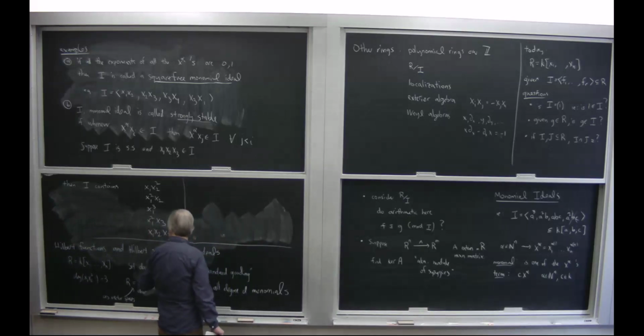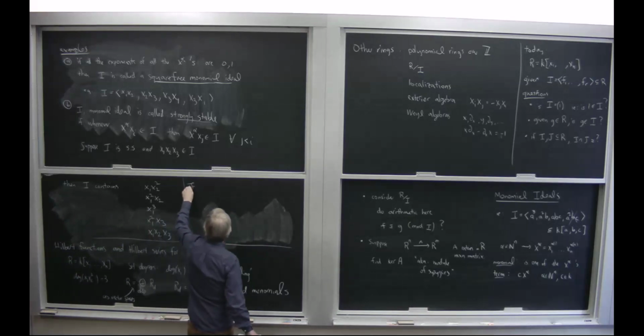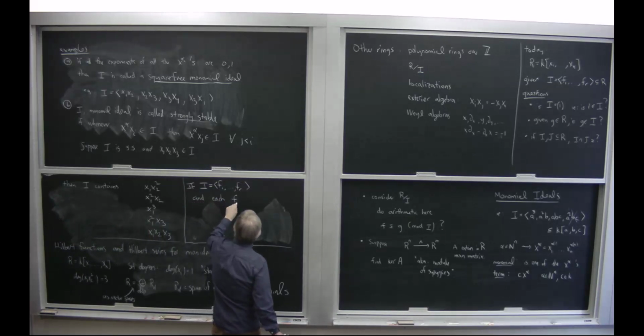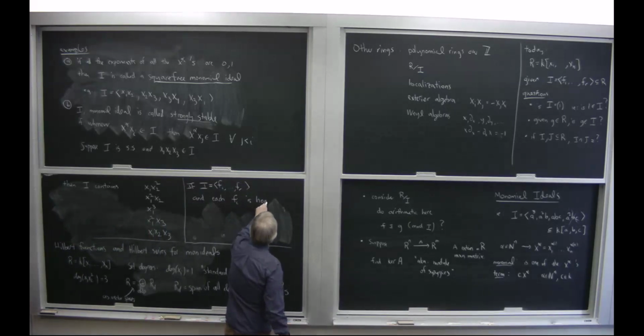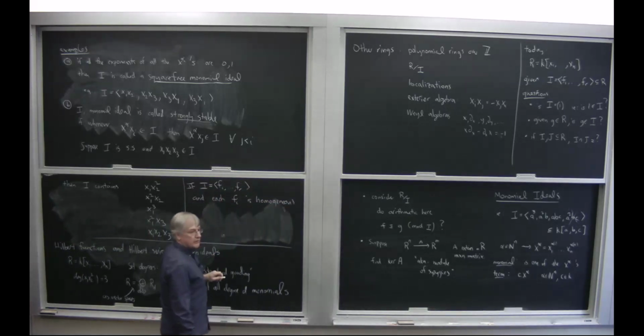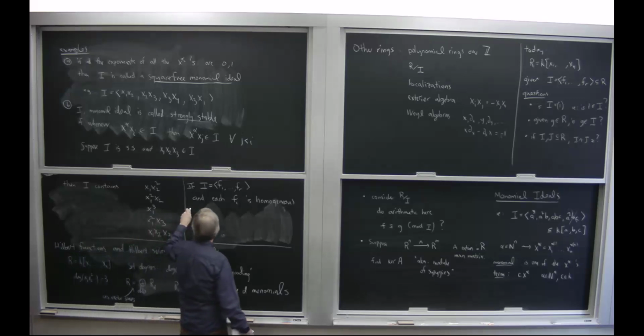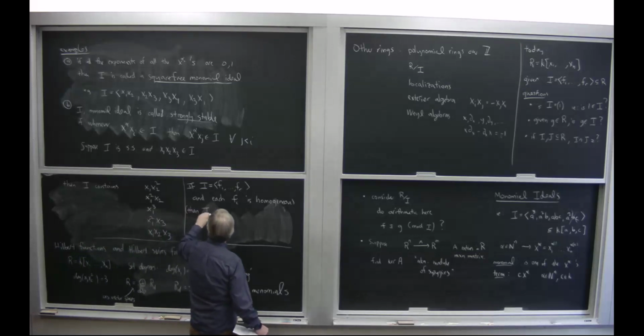So given this, if I is generated, let's do it in general here, by f1 to fr, and each fi is homogeneous of some degree, not necessarily the same degree at all, then I is called a homogeneous ideal.